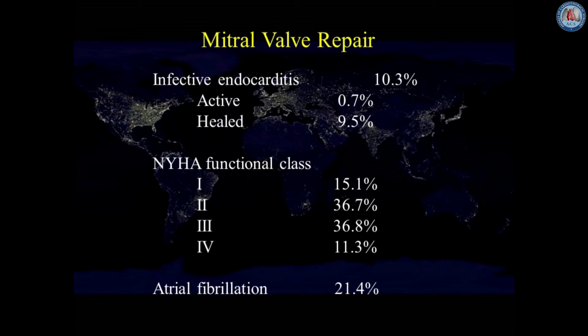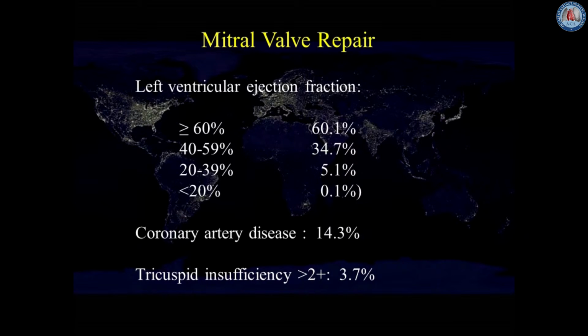Approximately 1/2 of the patients had minimal or no symptoms, and 21% had atrial fibrillation at the time of operation. 60% of our patients had normal left ventricular function, and the remaining had some degree of impairment. 14% had coronary heart disease, and only 3.7% had moderate or severe tricuspid regurgitation.